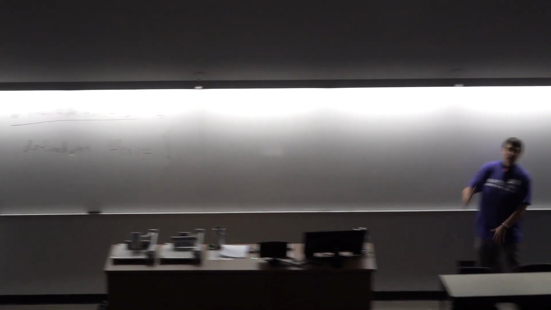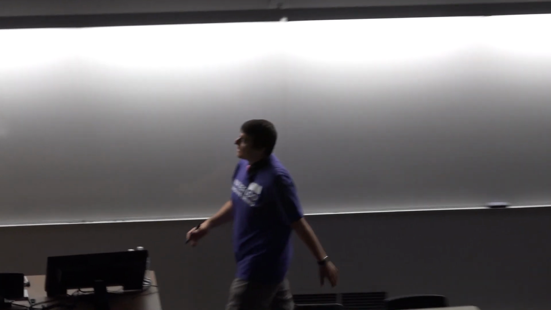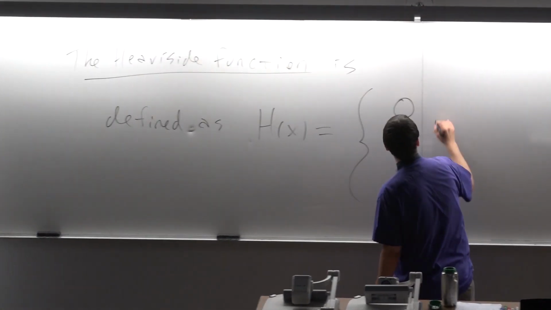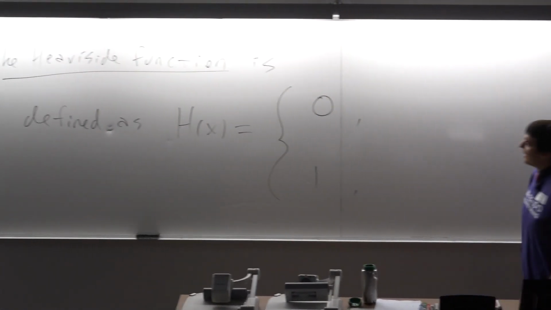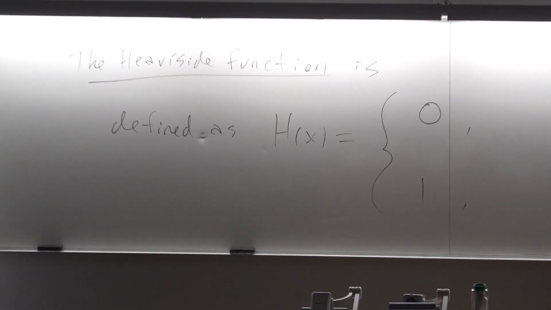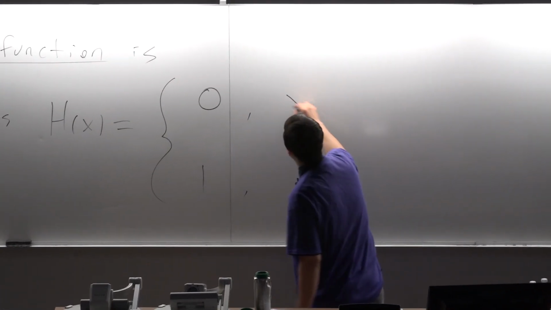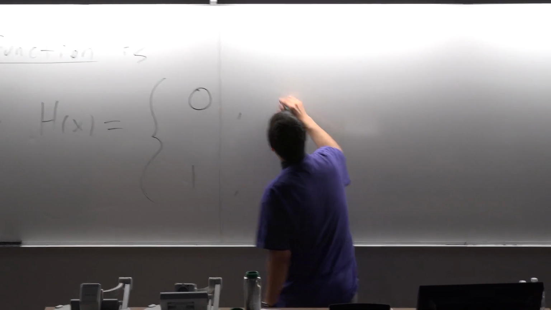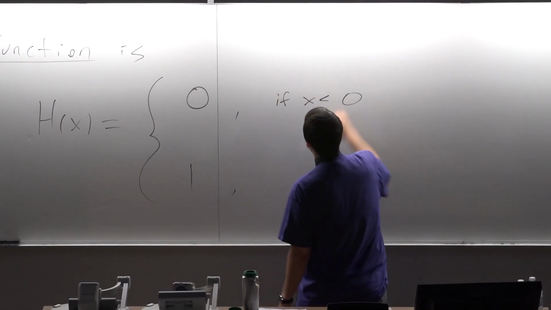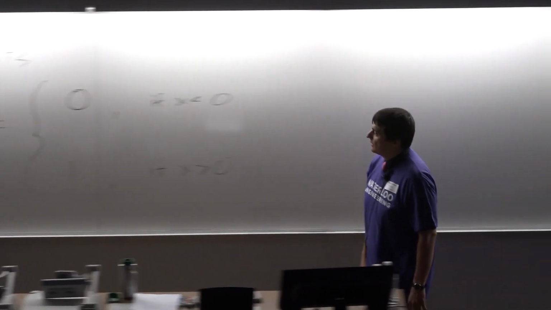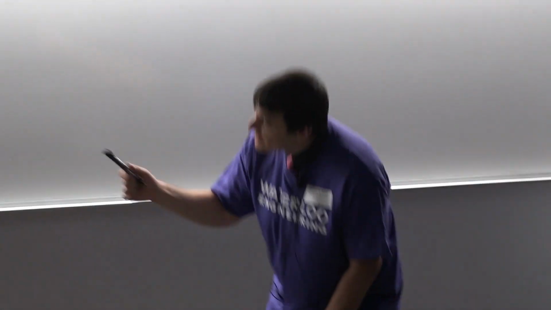Piecewise function, you put this open curly bracket, and unsatisfyingly, you never close it. That's the convention. That always bothered me, but it is the convention. So this function is defined as 0 sometimes and 1 other times. In particular, it's defined as 0 when x is less than 0, and 1 if x is greater than 0. That is it, and technically speaking, that is everything you need to know for today's tutorial.